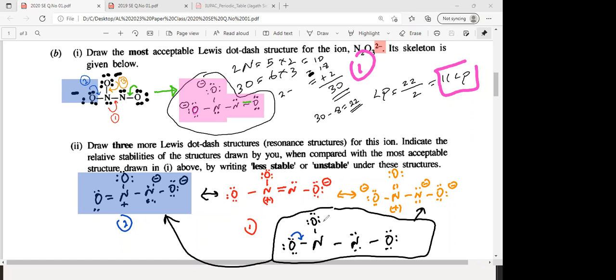Yeah, you can shift from this side to make it octet. That's how you get number 1. Here you get this one, the pink one, the yellow one, the blue one, and this is the pink one. Right? Did you get it? Because only that nitrogen has not reached octet. To make it octet, you can shift the lone pair from either side, either this oxygen or that oxygen. Is that clear?